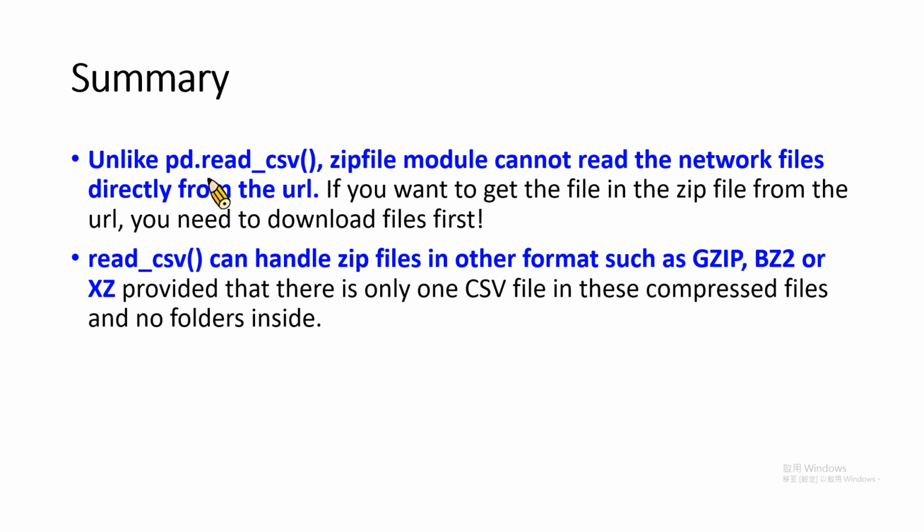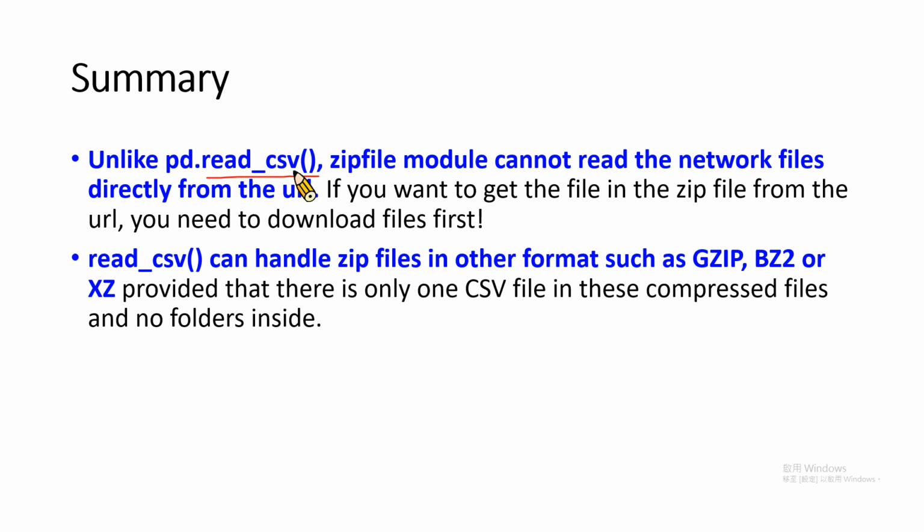You can check the documentation. The read CSV can accept a URL as the parameter and can read the network file directly. But the zipfile module cannot. You must give either a specific file name or path name. It cannot accept a network file.